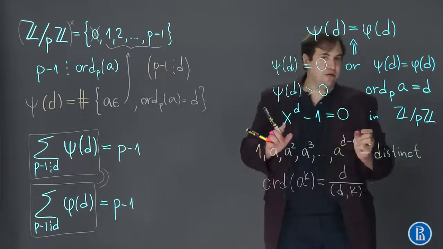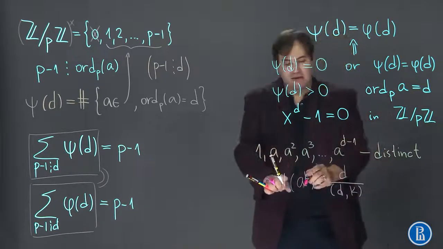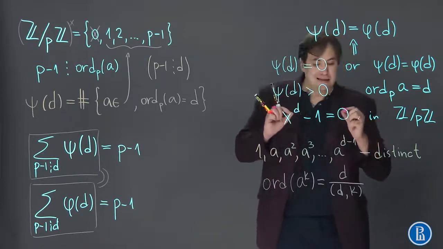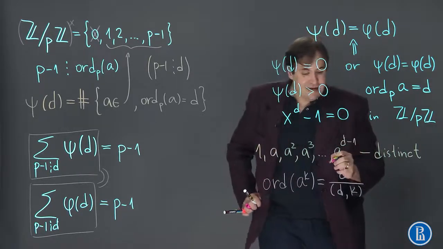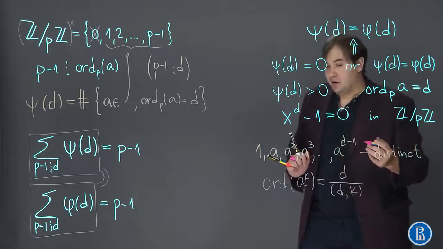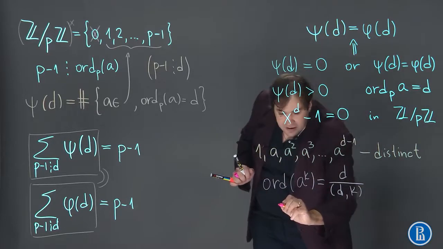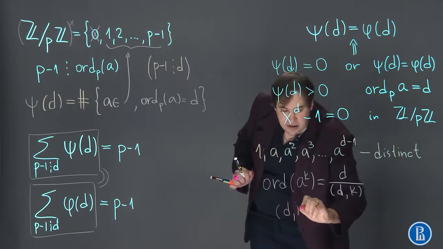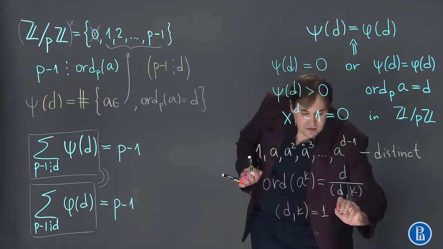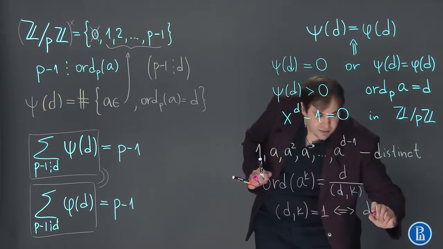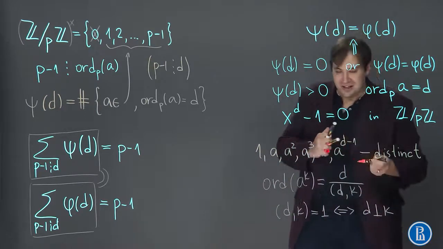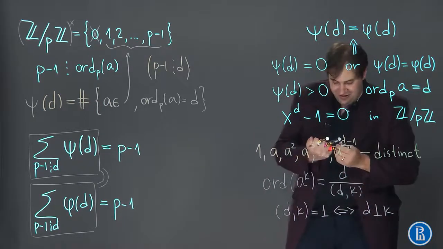And if we wish for the element a to the power of k to have order exactly d, then this greatest common divisor must be equal to 1. But the greatest common divisor of d and k is equal to 1 if and only if d and k are mutually prime. So how many such k's are there?